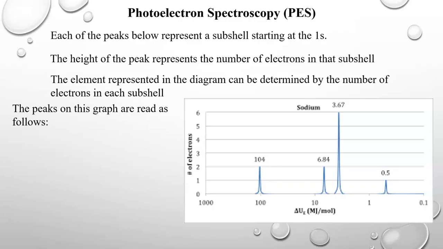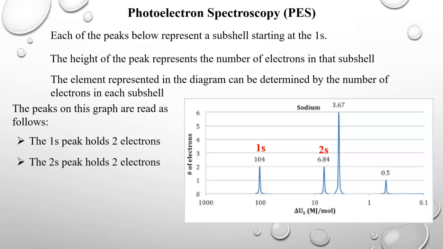So the peaks on the graph are read as follows. The first one is the highest ionization energy based on the horizontal axis. That holds 2 electrons. That's going to be the 1s subshell. The next subshell also holds 2 electrons, and that is the 2s subshell. It's at a lower ionization energy.